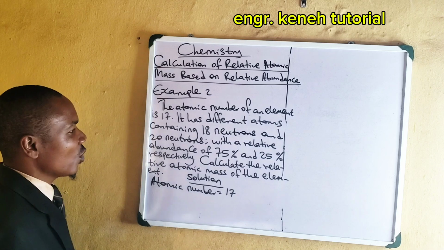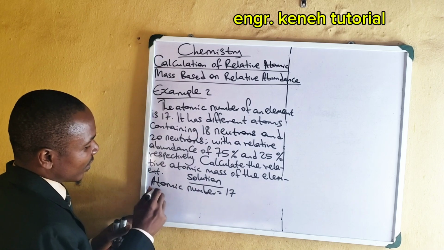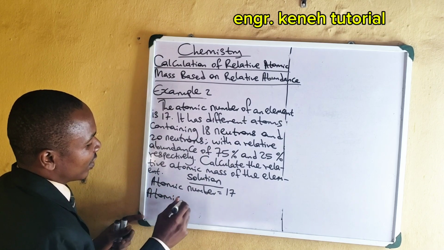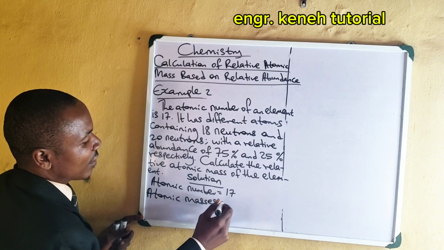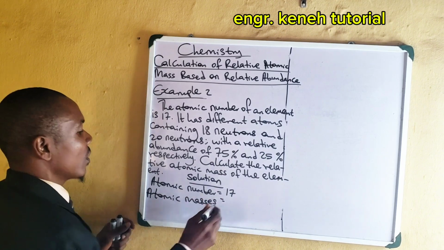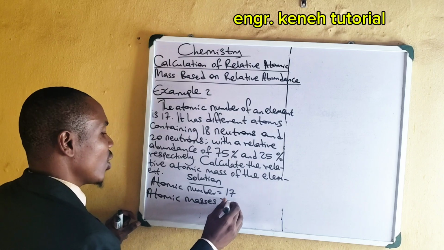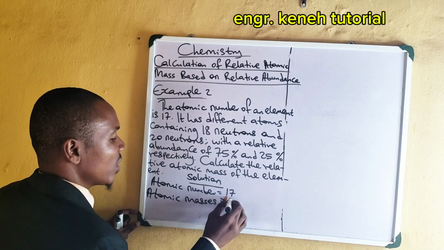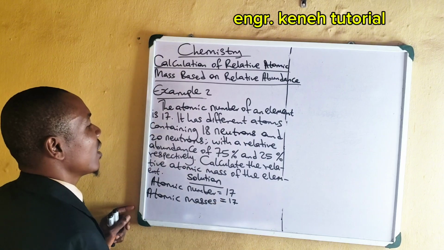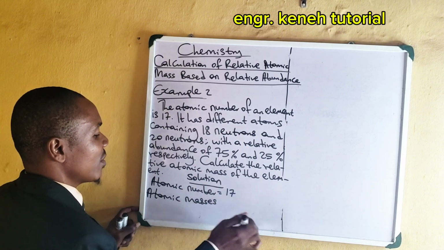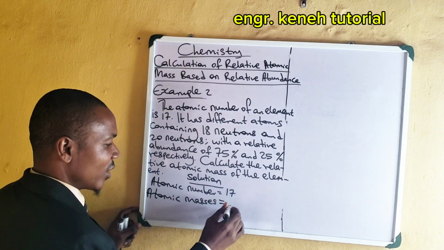Atomic masses. So atomic masses here now, we have atomic number, that is proton number, which is 17. Remember I said atomic number means proton number. Okay, let me write it first before I explain it so that you won't get confused.